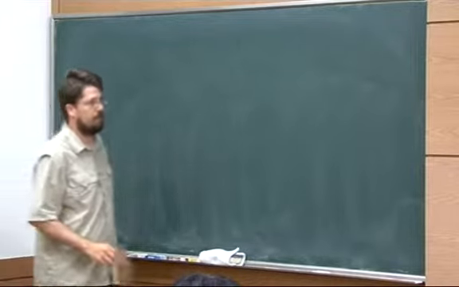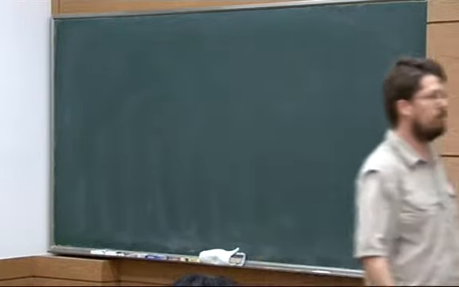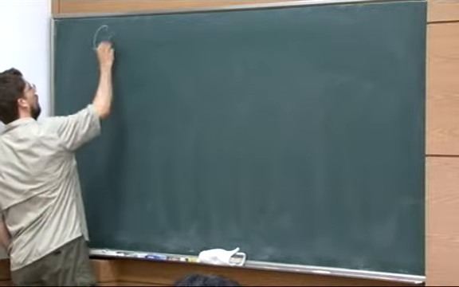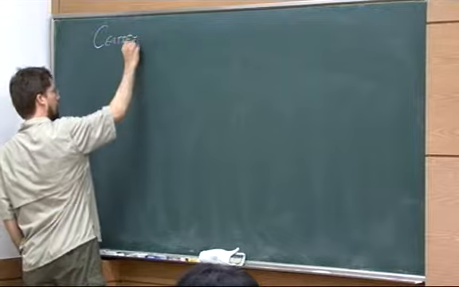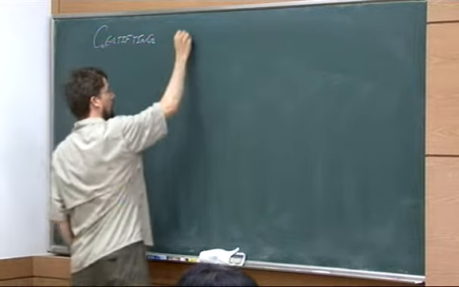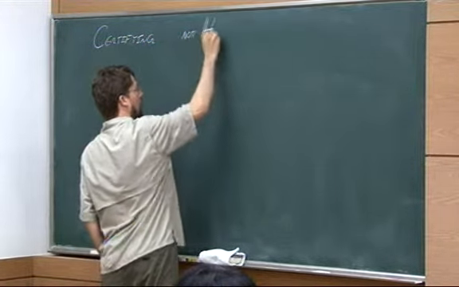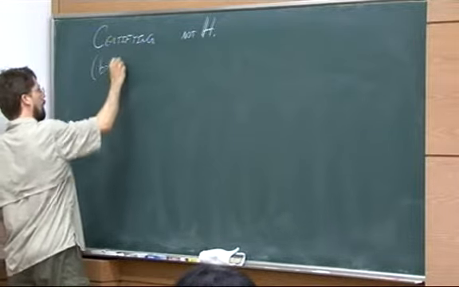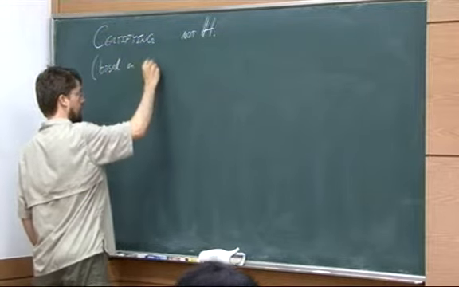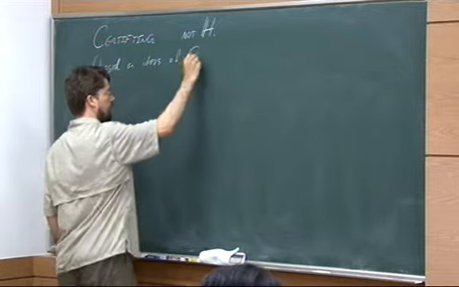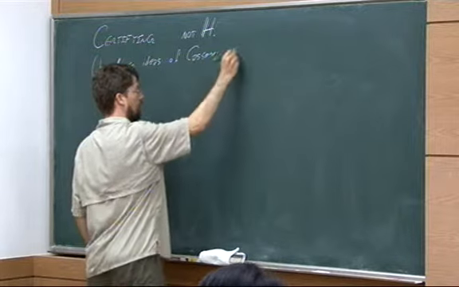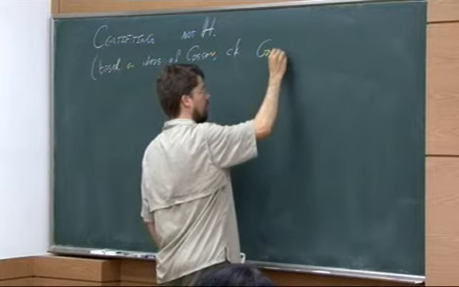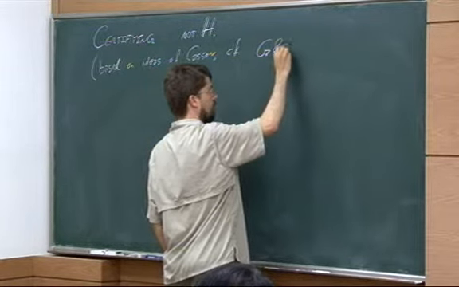So let me just briefly say something about the first one, about certifying not H. So this is based on some ideas of Casson, a paper of mine in Geometry and Topology number 6.